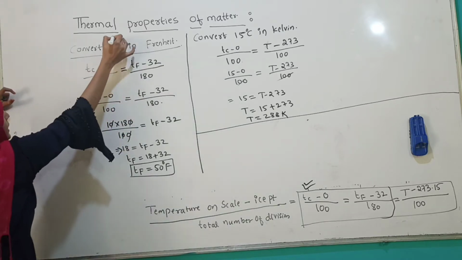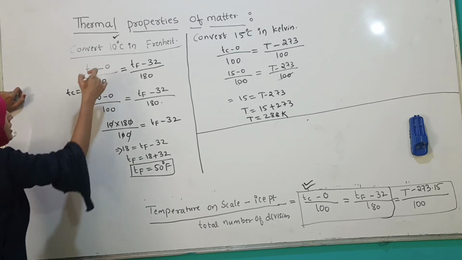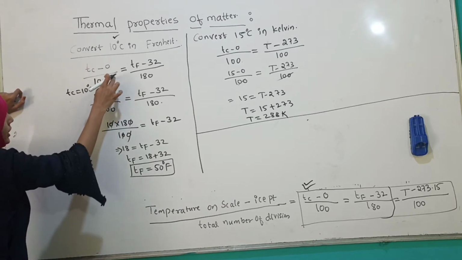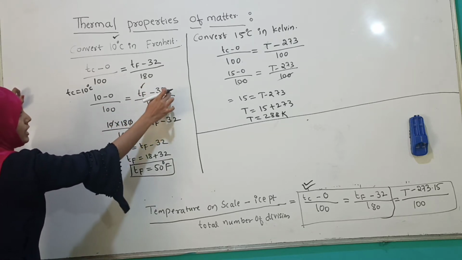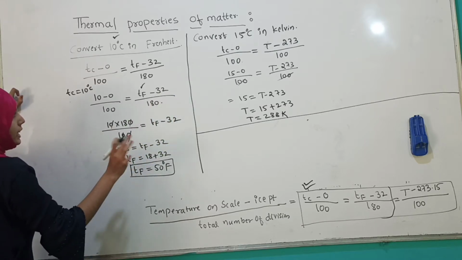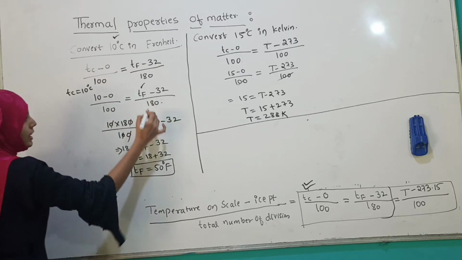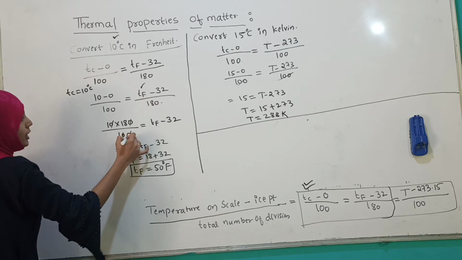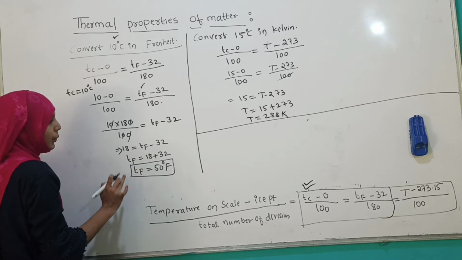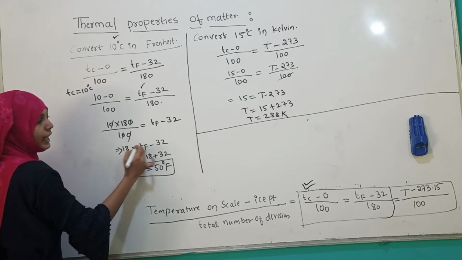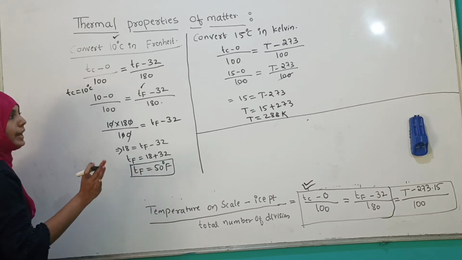Here Tc is 10 degree Celsius. 10 minus 0 divided by 100 is equal to (Tf minus 32) divided by 180. So 10 into 180 divided by 100 is Tf minus 32. The zeros cancel. 18 is equal to Tf minus 32. Then Tf is equal to 18 plus 32. Tf is equal to 50 degree Fahrenheit.